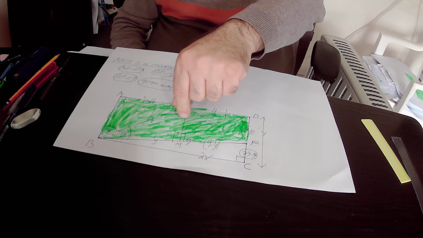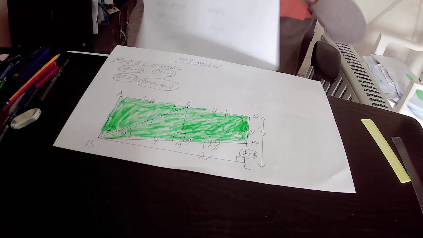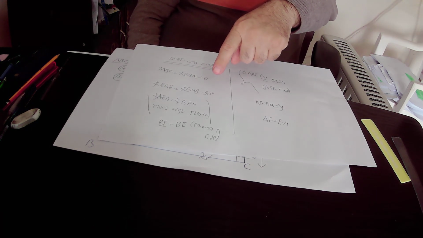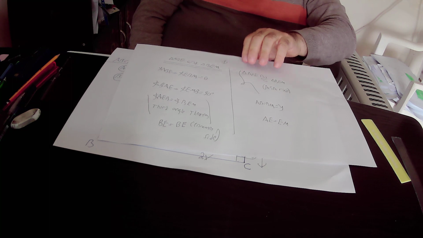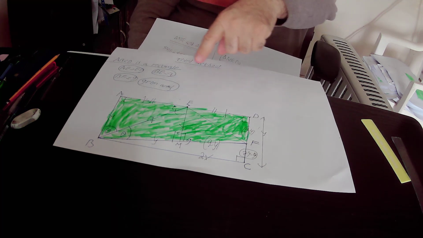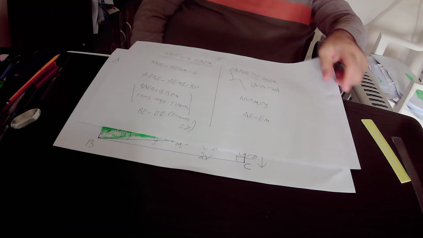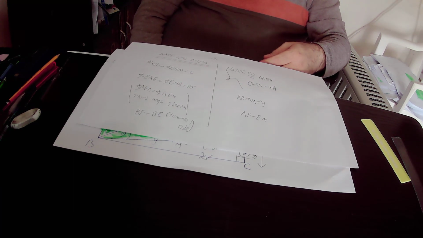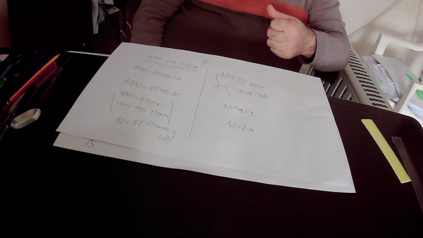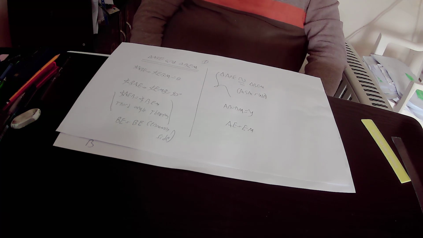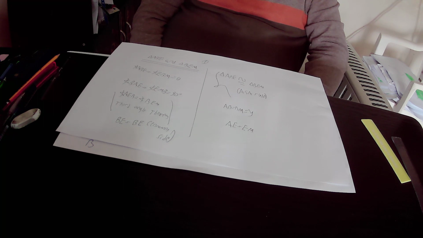That is to say, those two angles will be equal to each other. And we also know that EB is a common side. That is to say, it belongs to both triangles. So we actually proved that triangle ABE is congruent to triangle BEM according to the angle side angle rule.